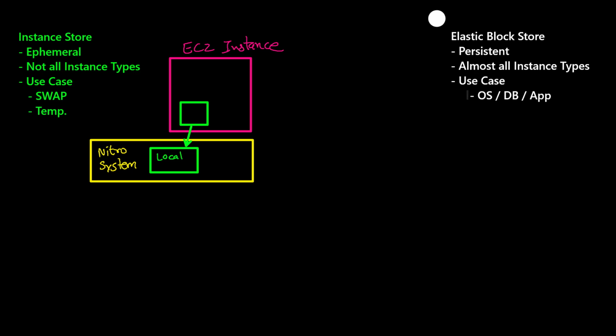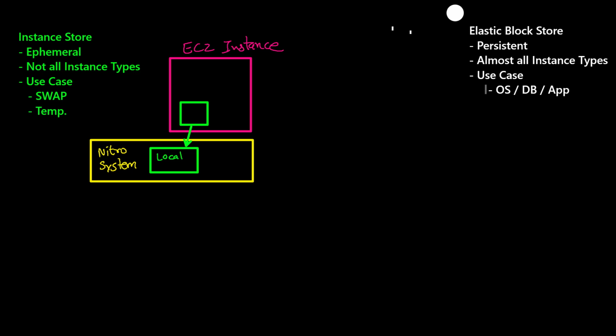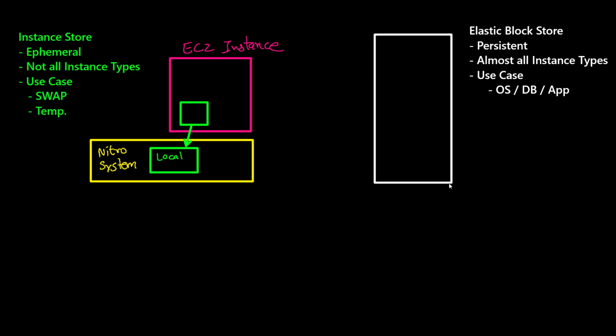Now we will see how this storage would be made available to our EC2 instance. This storage, which is Elastic Block Store, is provided from a storage system. So consider, let's say, this is a storage system in an AWS data center in an AWS availability zone. Let me write it down. This is a storage system.